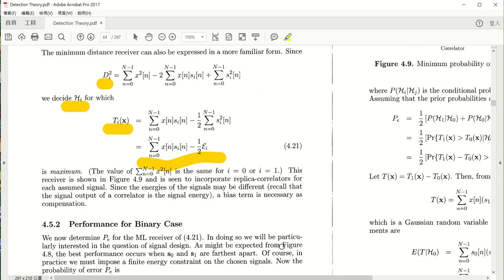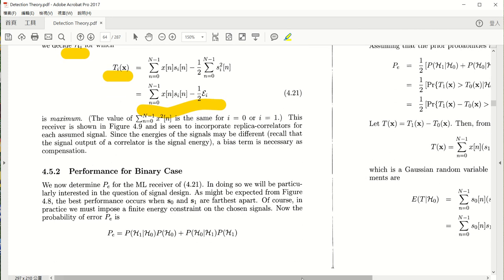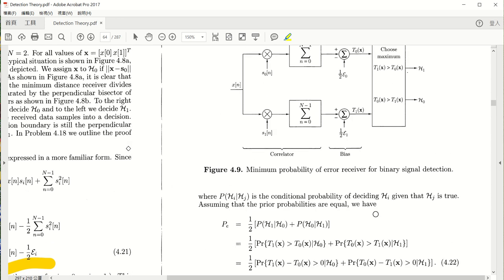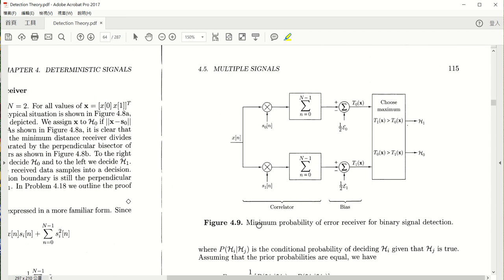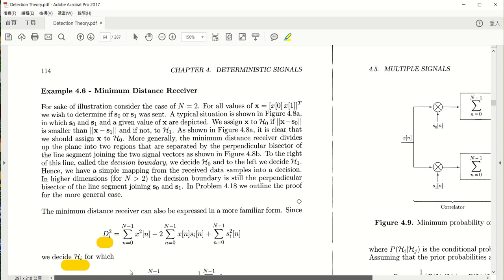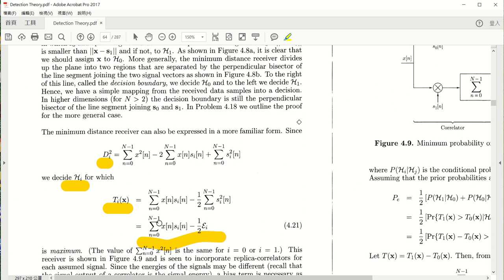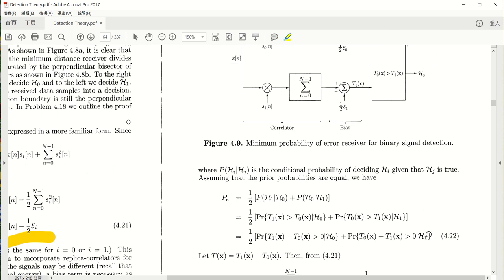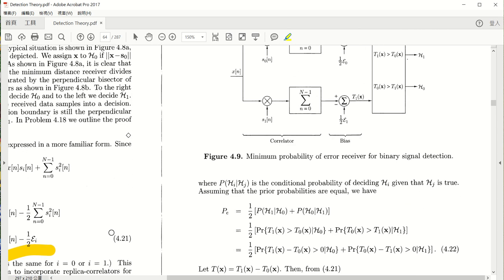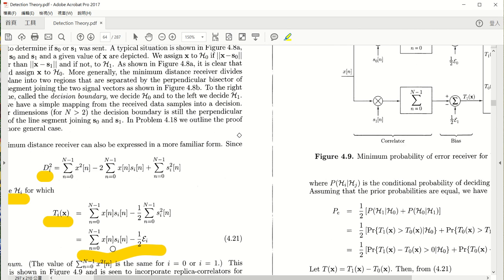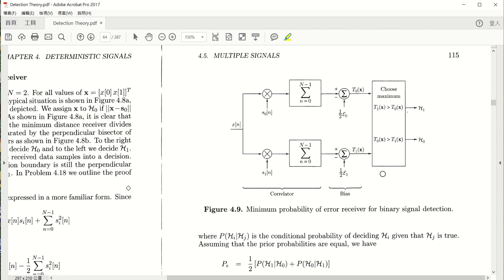If we take a look, the receiver will look like this, the minimum probability of error receiver. How come? Take a look at this again. You are correlating your observation with your signal and then subtracting 1/2 epsilon i, which is the signal's energy, as a little reminder. If we implement this, it will look like this.